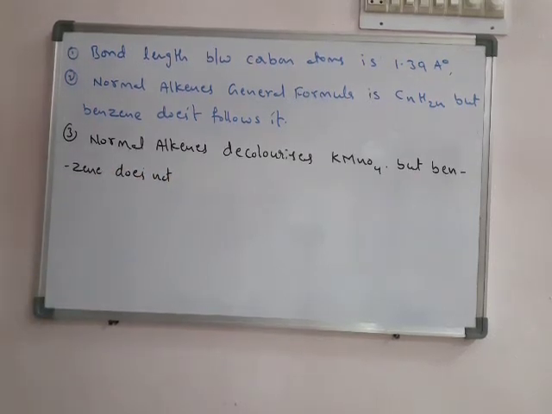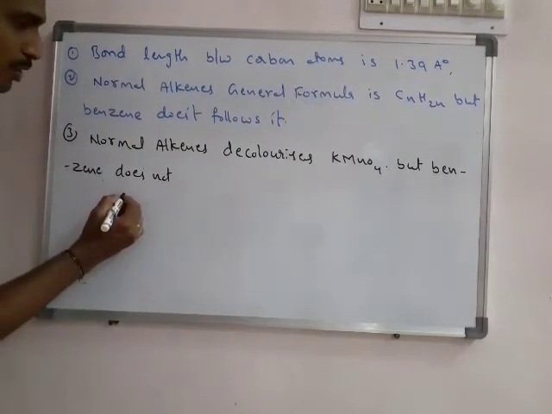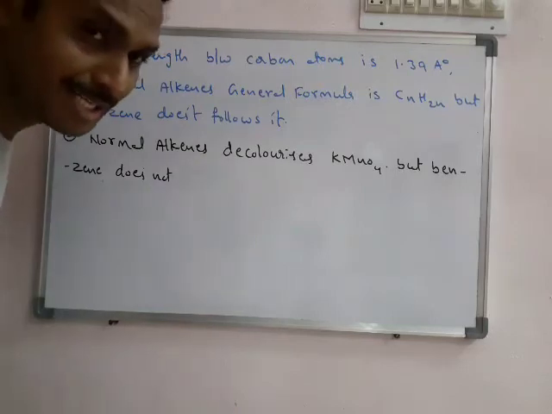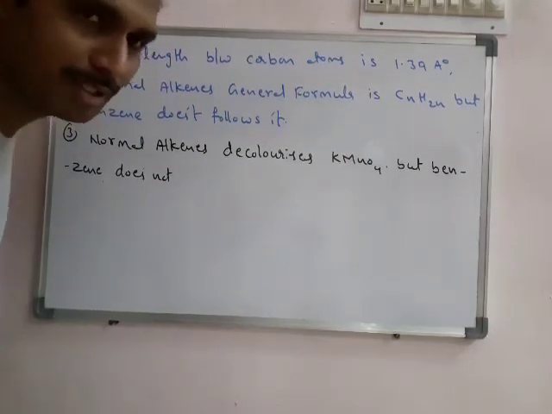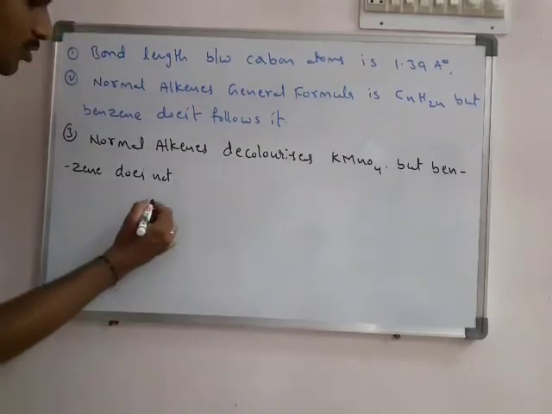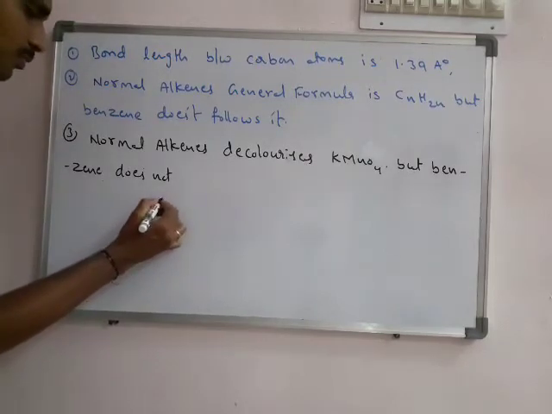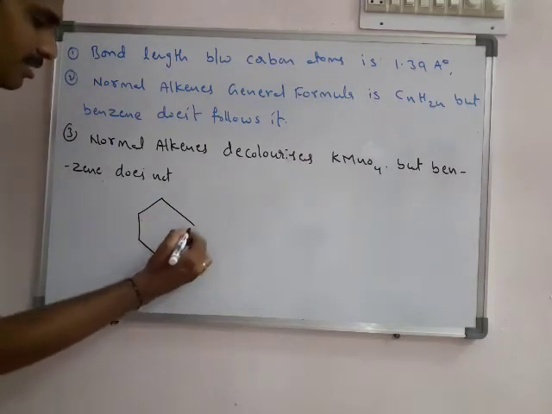Normal alkene decolorizes potassium permanganate. Actually, potassium permanganate is present in deep violet color, but benzene does not decolorize it. So therefore, benzene is not treated as a normal double bond and normal single bond. So it consists of two resonating structures.